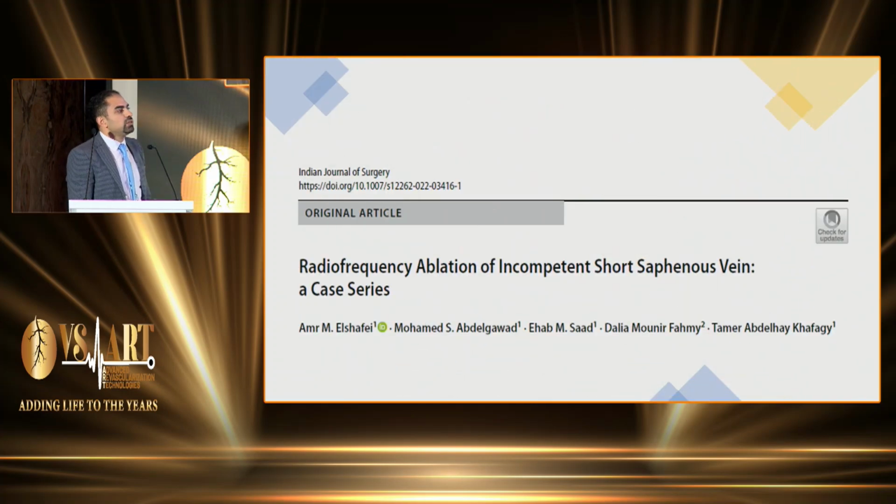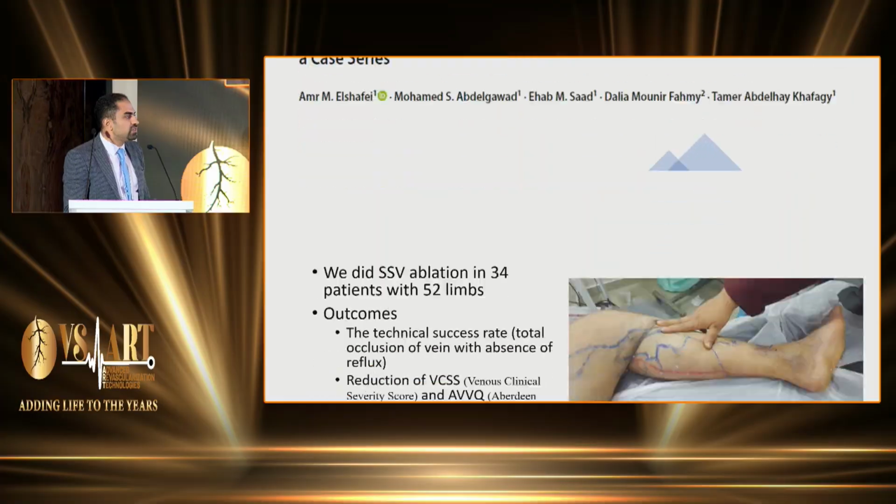Our work at Mansoura University, and by the way, I'd like to thank our mentor, Professor Ehab Saad, for his supervision of this data. We published a paper on radiofrequency ablation of the incompetent small saphenous vein.